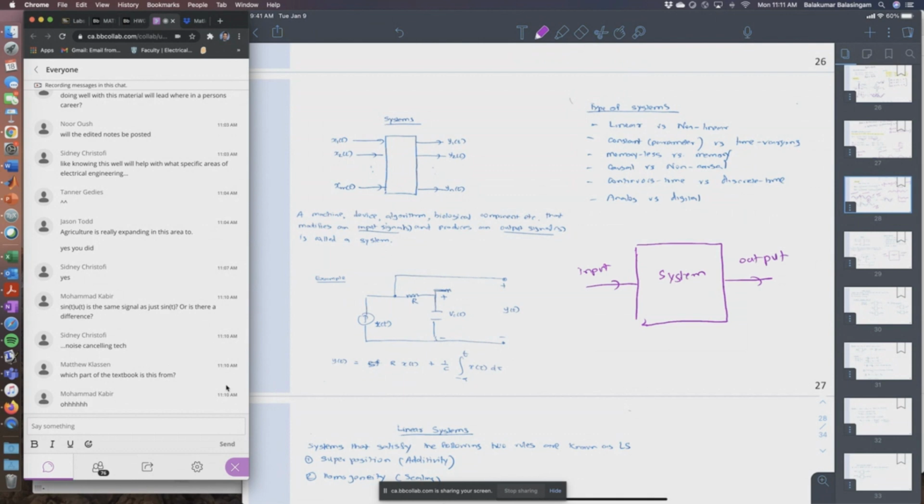This is a resistor, and then there's a capacitor. You give a voltage here, let's say you give a voltage v(t). What happens? Let's say the output is this y(t), the voltage across the capacitor, or the current through the resistor. That could be an output too. Then that is a system. You give an input like a voltage, and then you see something as an output. So that's an example of a system.